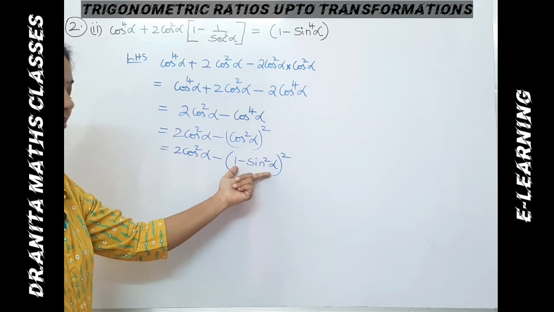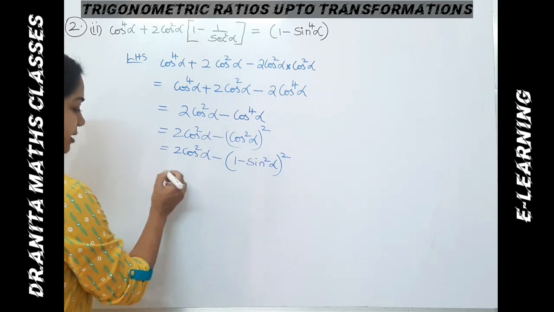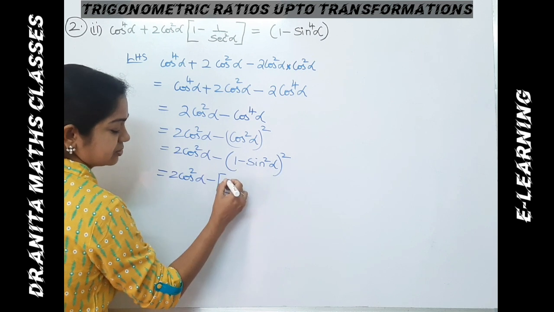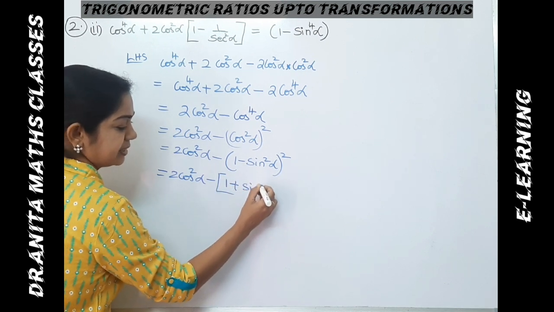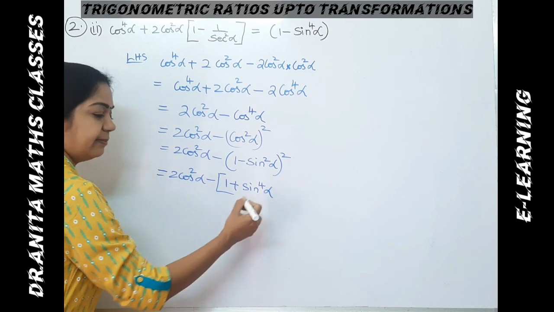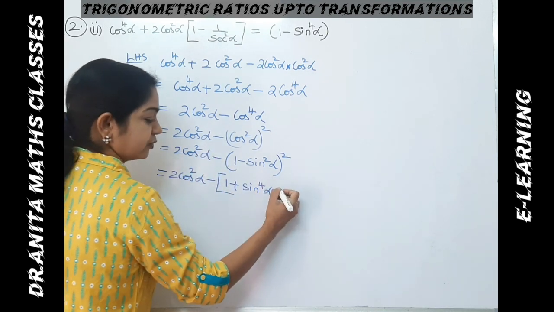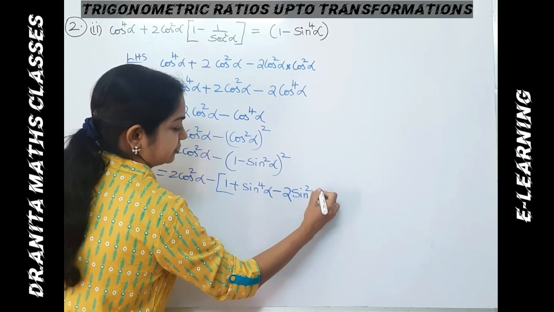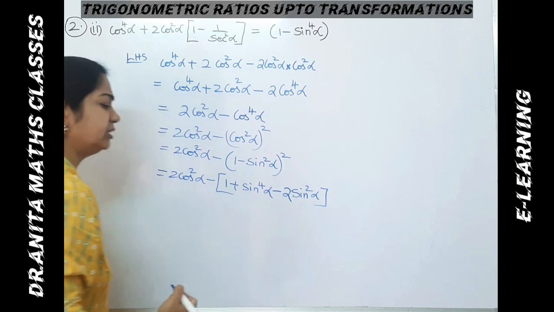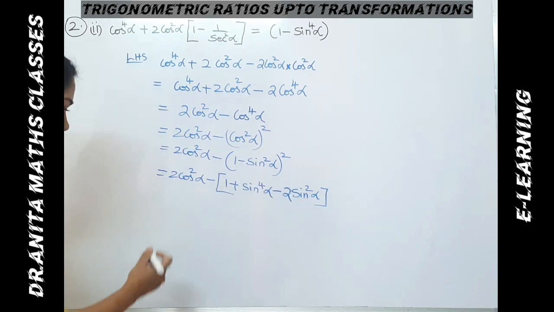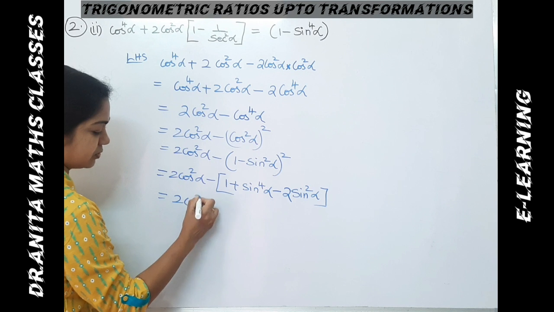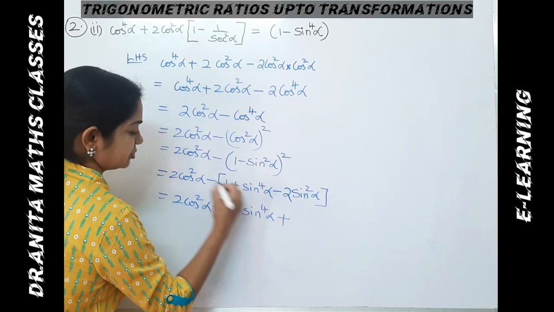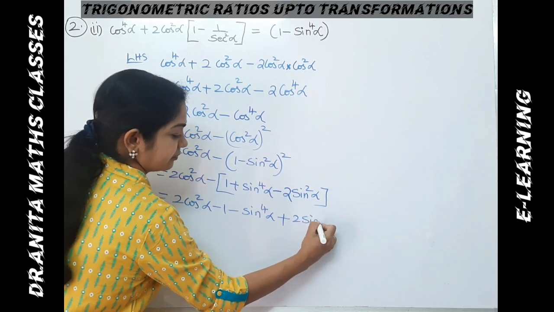Now we can expand this in the form of (a minus b) whole square: a square plus b square, where b is sine square, so b square is sine to the power of 4 alpha, minus 2ab, which is 2 sine square alpha. Now we open the bracket: 2 cos square alpha minus 1 minus sine to the power of 4 alpha, minus into minus plus 2 sine square alpha.